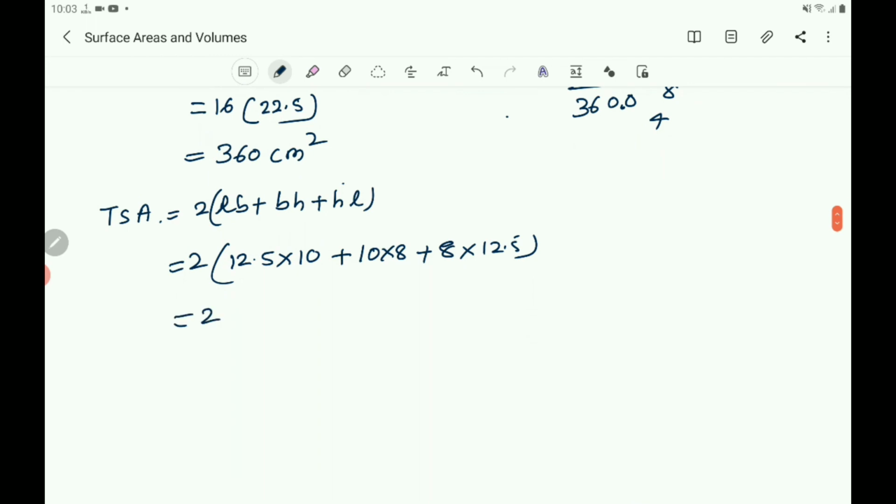Then it becomes 2 into 12.5 into 10 is 125, plus 10 eights are 80, plus 12.5 into 8, that is 8 fives are 40, 12 eights are 96 plus 4, 100. You will get 100.